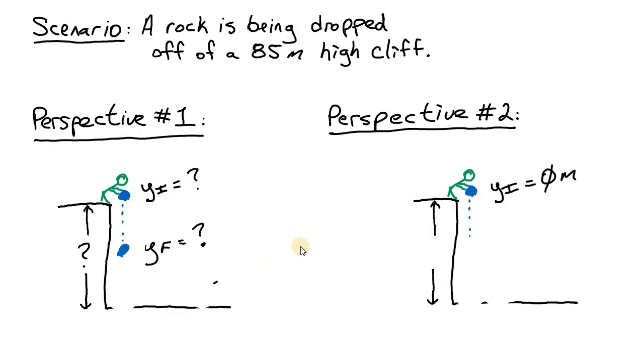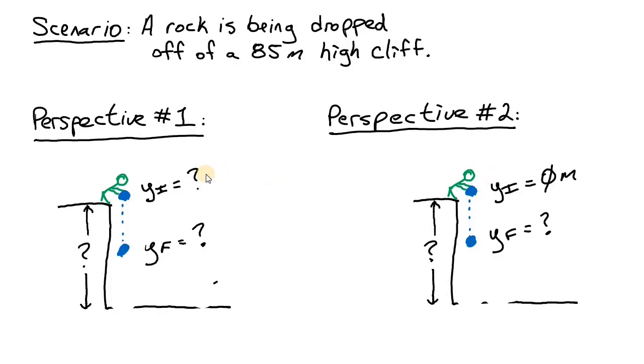Whereas if we look at it in this perspective and we're trying to find out the final height, maybe after it drops for a certain amount of seconds, at least when we're looking at it like this, where we don't have the height, we at least have a given piece of information that the initial height will be 0.